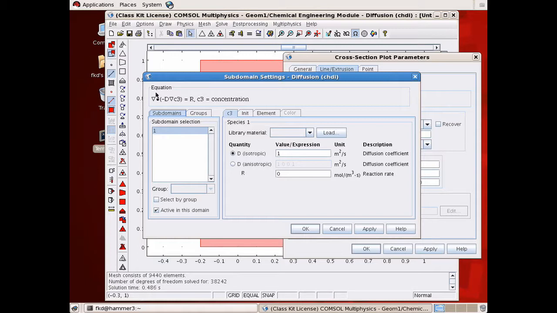So this is our head, this is our hydraulic conductivity, and therefore the velocity is going to be equal to our hydraulic conductivity times the derivative of C3. In general terms, this is our hydraulic conductivity times the derivative with respect to location of the head. And so let's see if I can figure out how to do that.